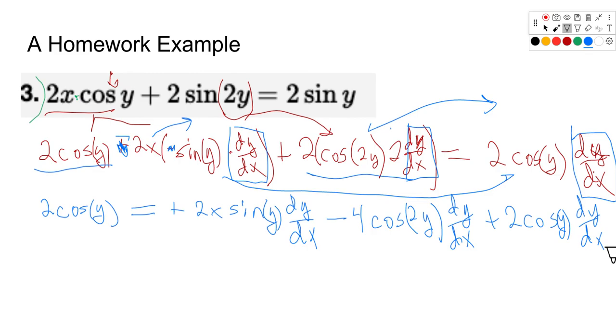And I just like to think of it that everyone's going to give a dy dx on the right-hand side. We're going to factor out the dy dx to the end. It becomes a single dy dx. Everything else is now in parentheses, and we just divide that over. It can become tedious, and again, if it's helpful, you can write each thing.